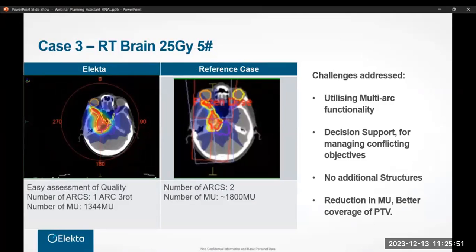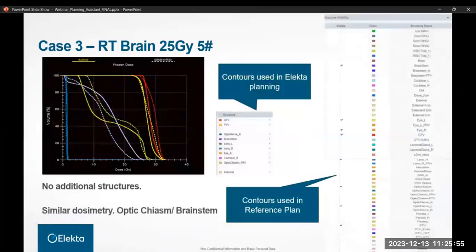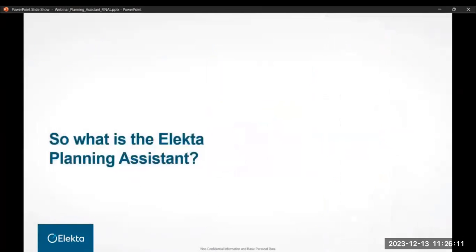It's very difficult if you actually lock the weights. But effectively, through using all the features that are available, you don't need to use any additional structures. If you look at the structures on the right-hand side, they are all of the structures that we use for optimization. And effectively, these are all the ones that we used in the Elekta solution. So it really does allow you a nice, predictable way of planning.